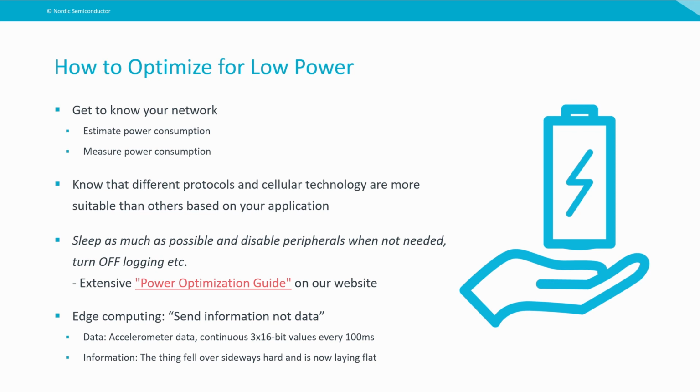I also recommend that you know the different protocols and the cellular technology you are going to use, since some are more suitable than others based on your application. For example, you have MQTT, CoAP, and LWM2M that have different use cases, and some are better than others. Also LTE-M and NB-IoT.